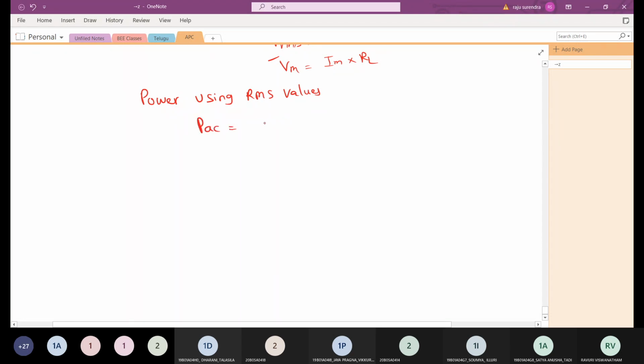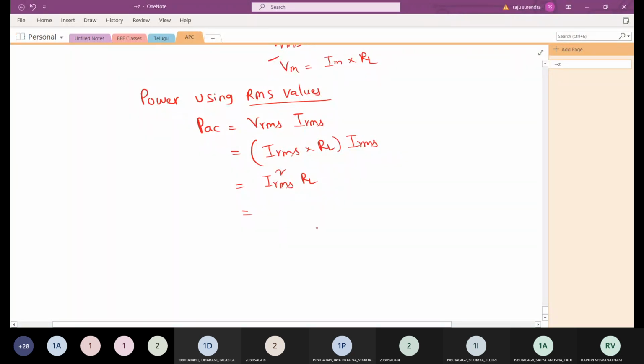It is simply PAC. PAC is nothing but, here all are RMS values, so obviously VRMS multiplied by IRMS. VRMS is nothing but IRMS multiplied by RL, multiplied by IRMS. So the final expression is IRMS square RL.